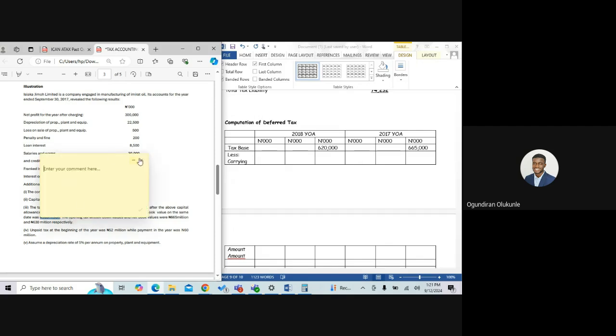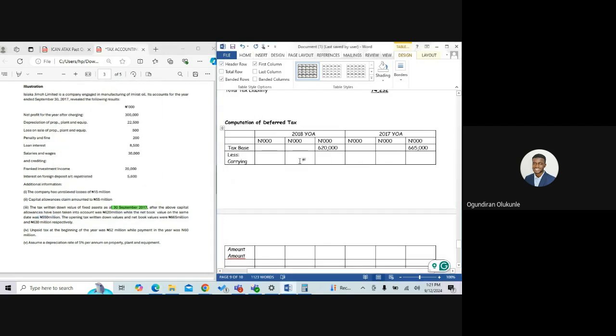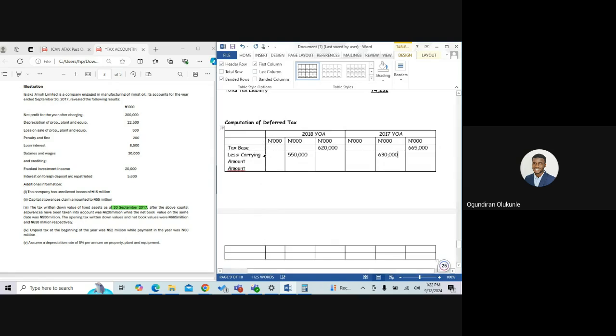Carrying amount is same as net book value in the context of this class, right? So for that reason, the carrying amount is 550,000. And the carrying amount as of 2017, the net book value, was how much? 630,000. That's the first thing we need to note.